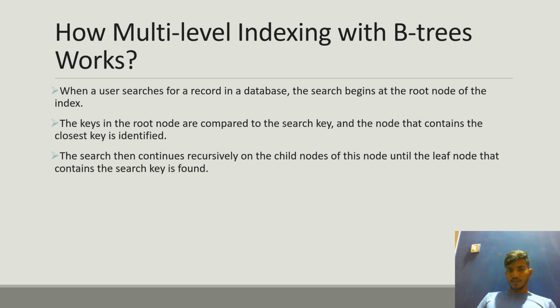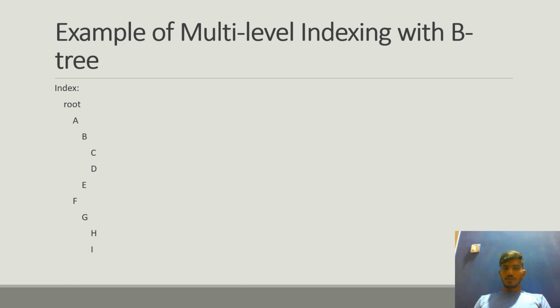The search then continues recursively on the child nodes until the leaf node that contains the key is found. As I showed in the last slide, the same operation is done with multi-level indexing also.